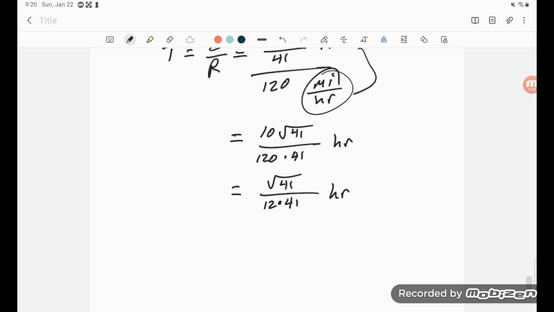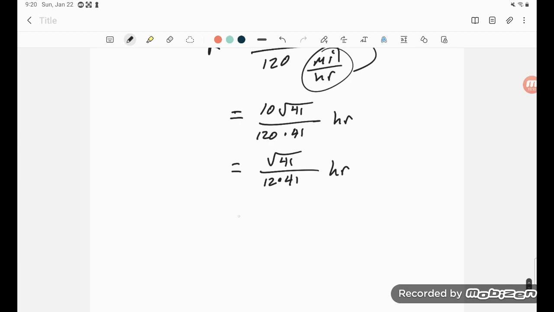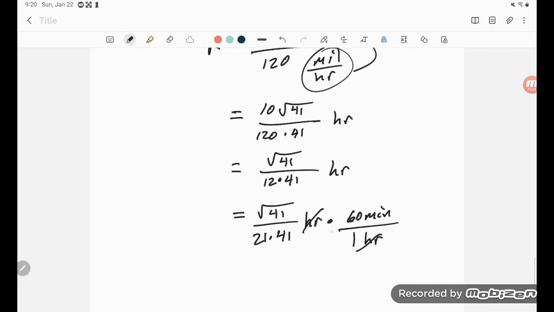Maybe I'd like this in minutes. Might be a little more helpful. So this is equal to the square root of 41 over 12 times 41 times hours times 60 minutes in 1 hour. We'll get rid of that. And whoops, I wrote 21 instead of 12.